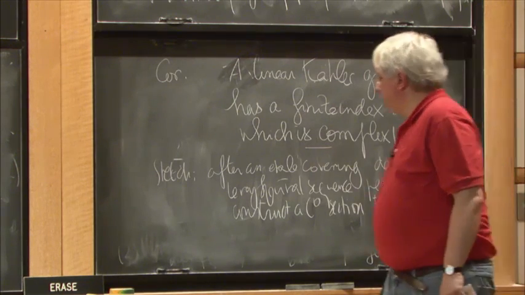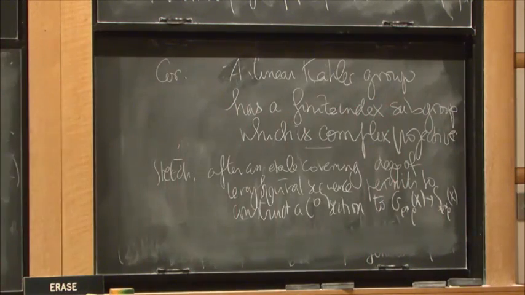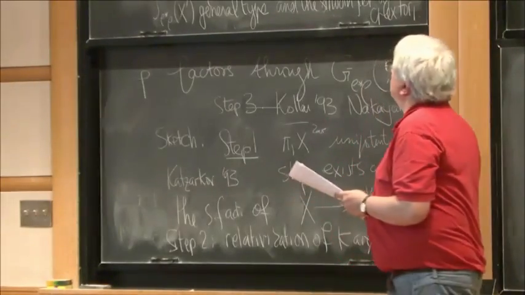And all this will be Kähler. So we are reduced to the case where this smooth fibration actually has a section.